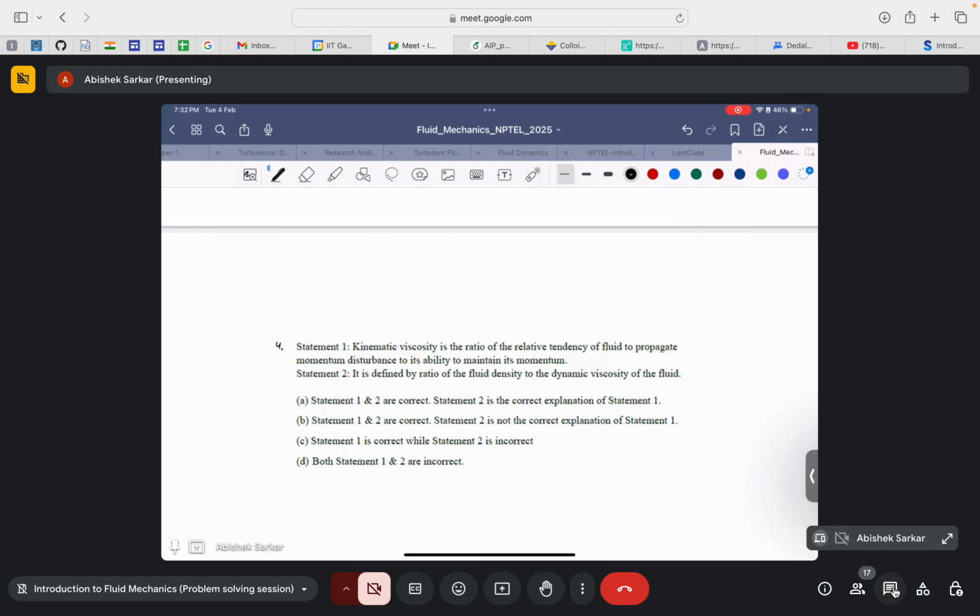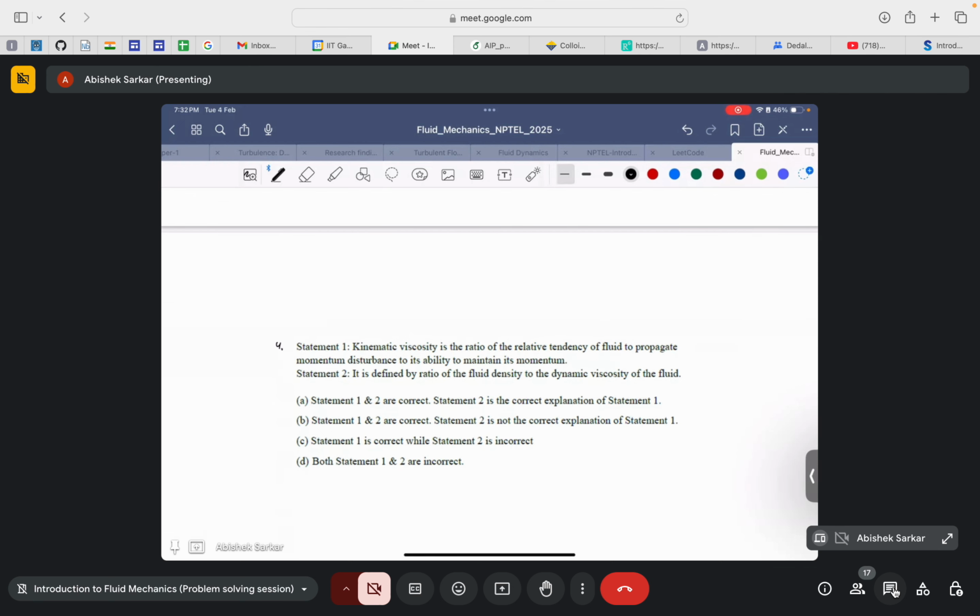Okay, so let us look into question number 5. It's a bit mathematical, so I would like you to have your calculators or your notebooks in front of you to solve this problem. The question is, for a non-Newtonian fluid obeying the power law rheology, the shear stress and the rate of angular deformation, or shear strain rate, can be related as tau proportional to theta dot to the power n.